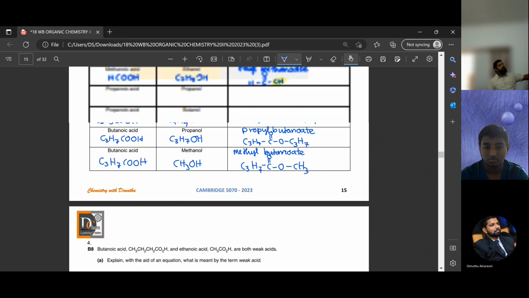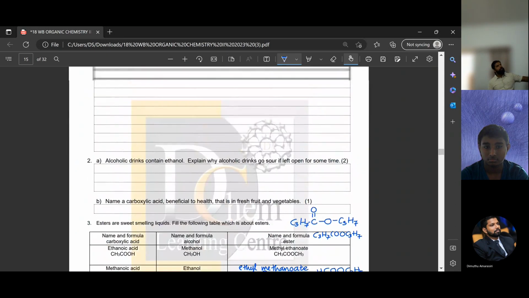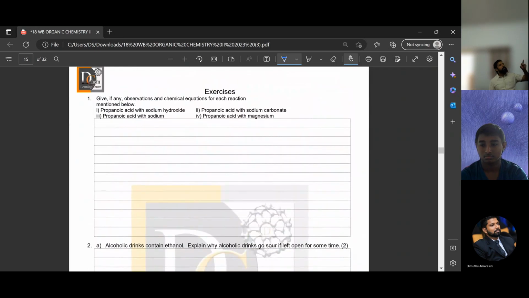Okay. You said that I didn't answer the previous questions, right? Give any observations and chemical equations for each reaction. We'll see propanoic acid with sodium hydroxide. Propanoic acid is C2H5COOH, plus sodium hydroxide. This can act as an acid. Here we have H, here we have OH.